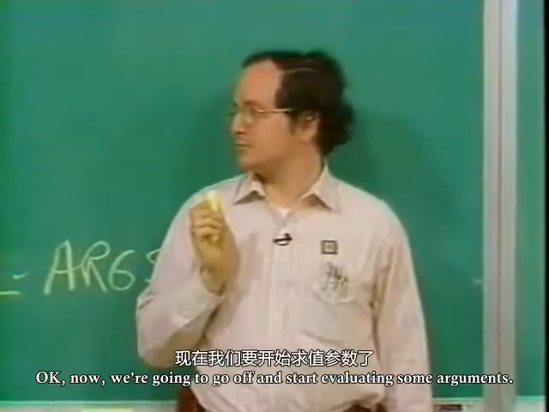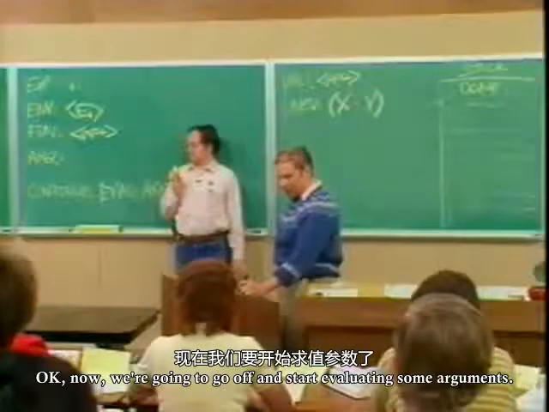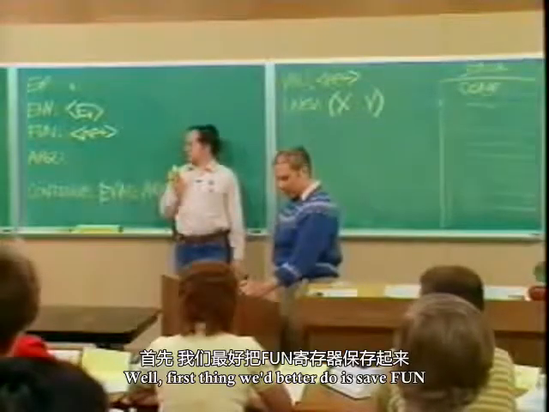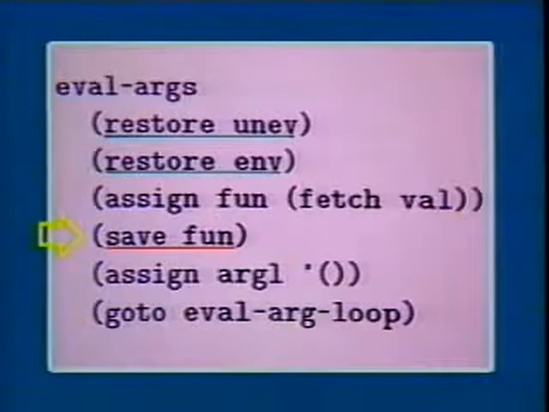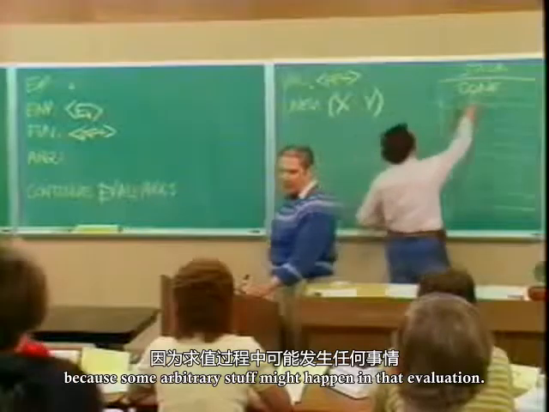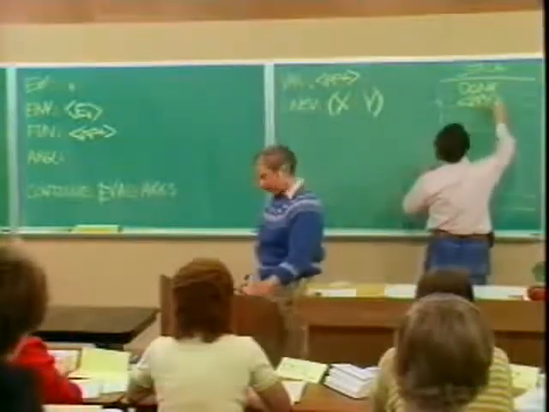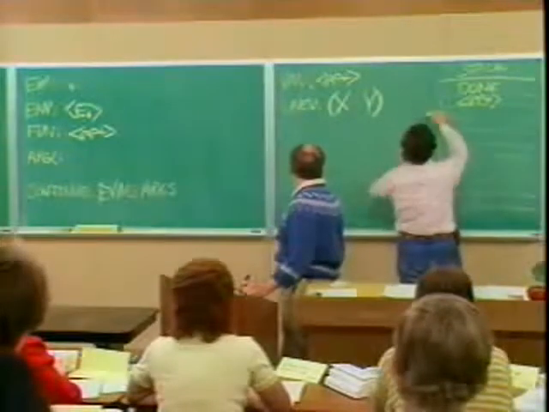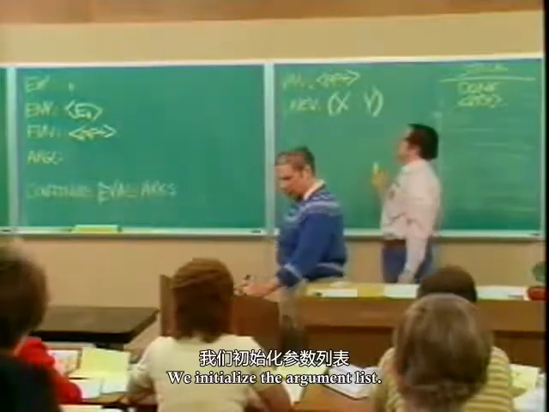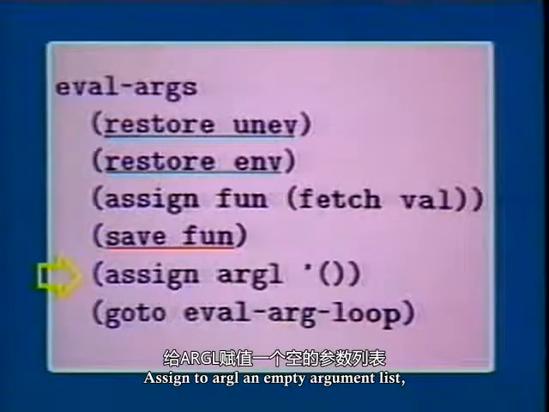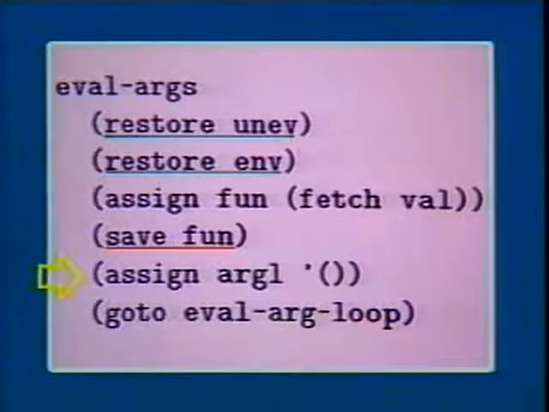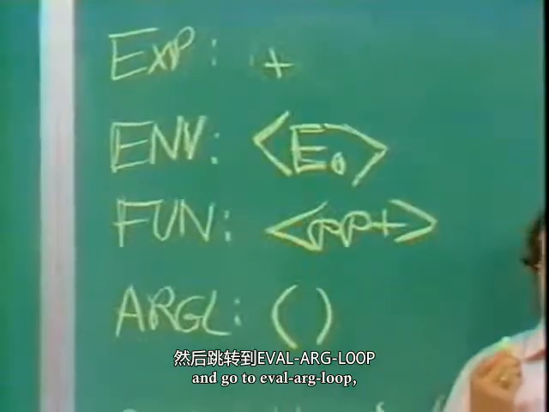Okay. Now we're going to go off and start evaluating some arguments. Well, first thing we better do is save fun, because some arbitrary stuff might happen in that evaluation. Okay. We initialize the argument list, assign to argl an empty argument list, and go to eval arg loop.